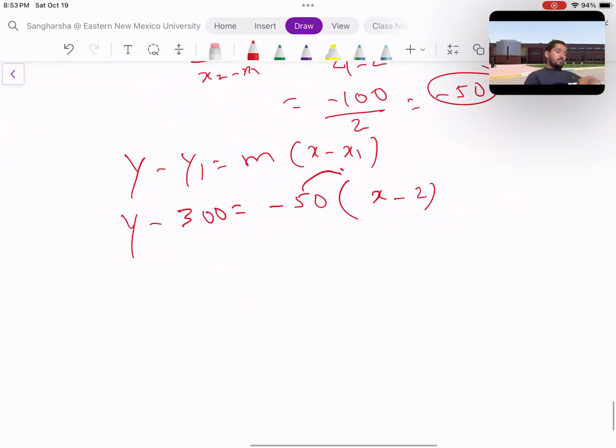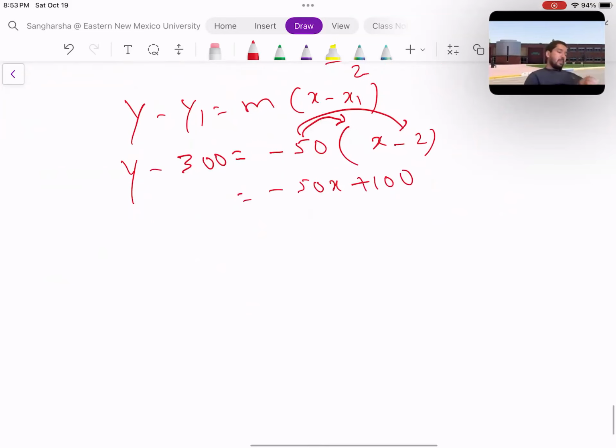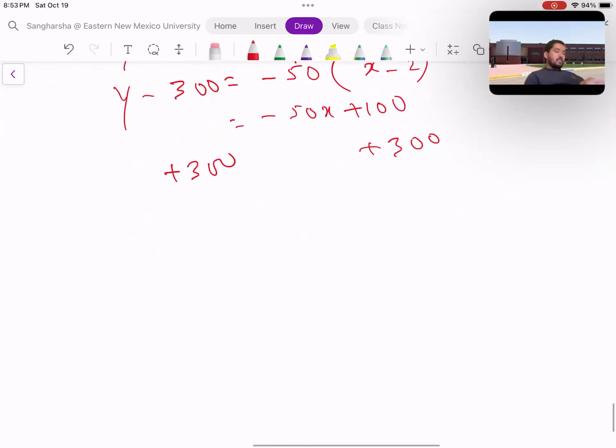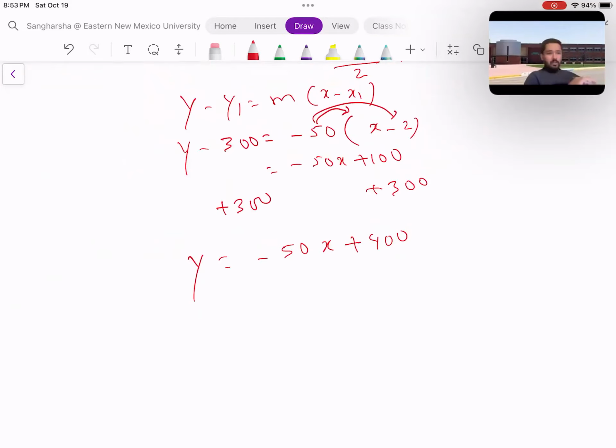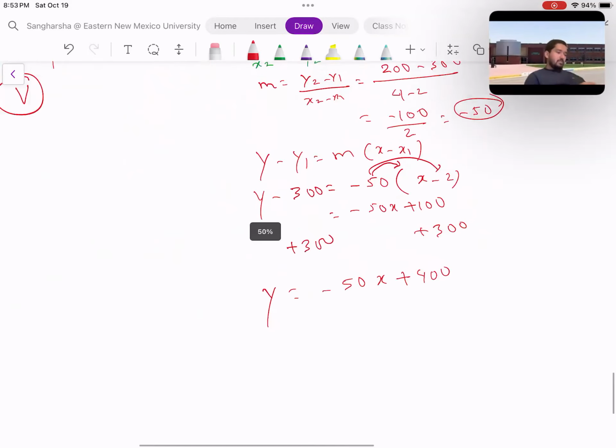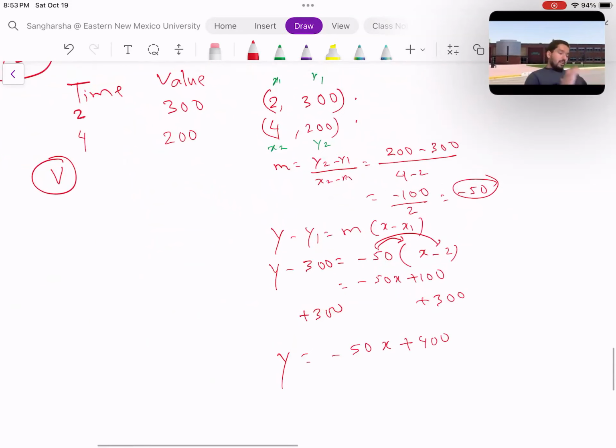Simplify: you distribute the negative 50. So we have negative 50x, and negative 50 times negative 2 is positive 100. You are adding 300 on both sides. So your y is negative 50x plus 400. Now this is in the general form. You have to have the specific x and y. What will be y and what is x?